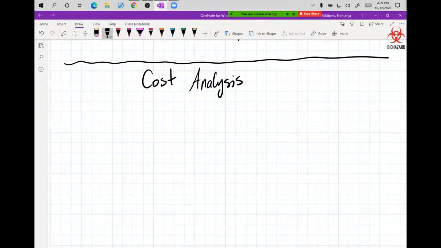So the profit is when you have revenue minus the cost, and you always have the cost because you have raw materials, you have workers, you have research and development, engineers, or research labs to make medication.